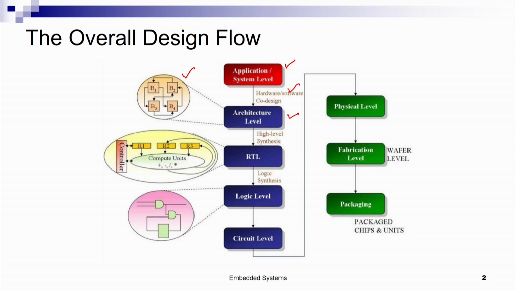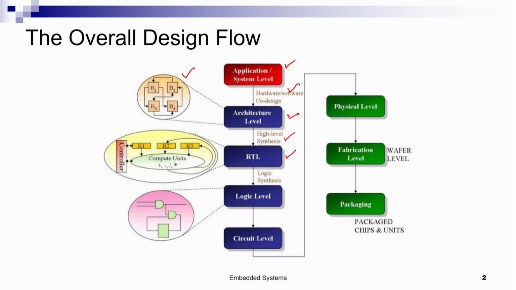Now, this set of concurrently communicating processes will go through a phase called high level synthesis, where it will be transformed into an RTL, or register transfer level specification. And the RTL will have a mathematical specification in terms of what will be the register transfers at each time.